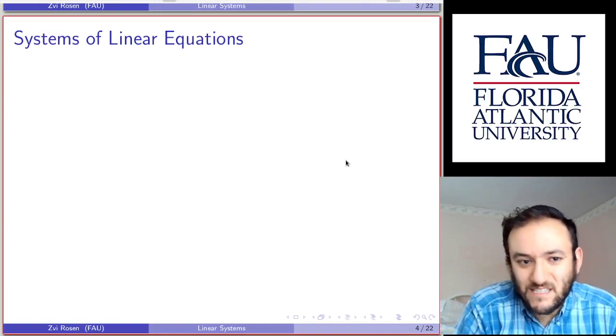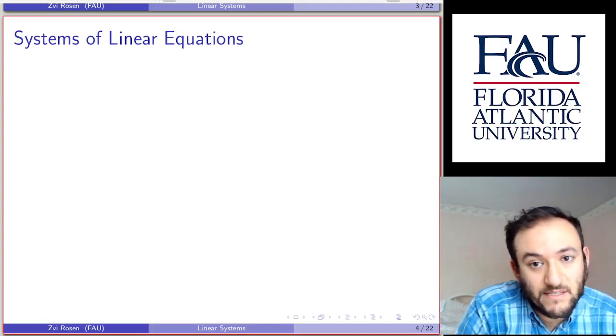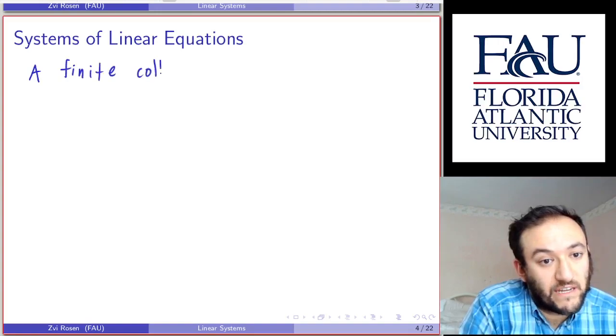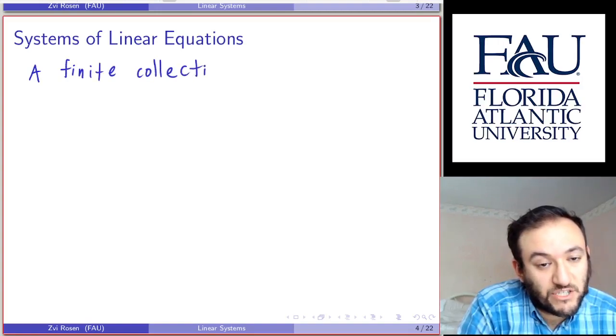When we talk about systems of linear equations, this is a finite collection of linear equations of the type we were just discussing.